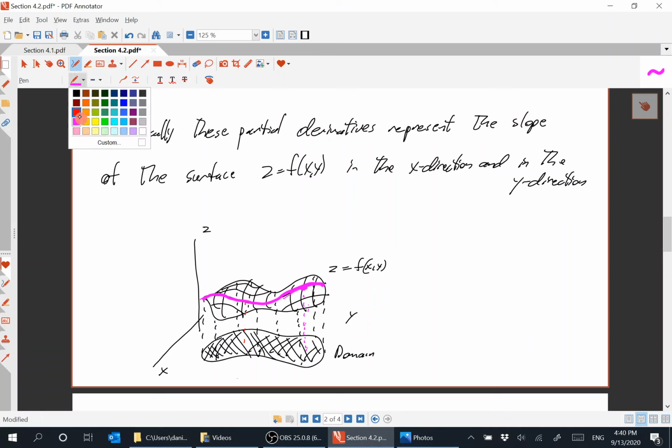And this is going to be the curve where, no, not where x is held constant. And this is going to be the curve where y is held constant. Let me make that one light blue.